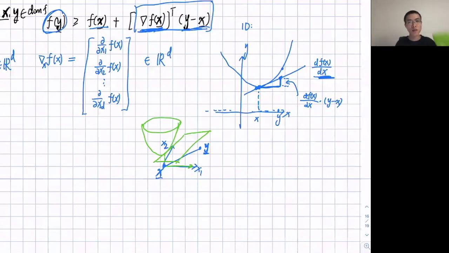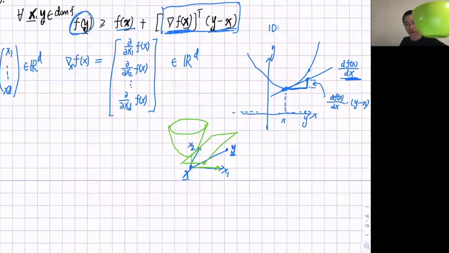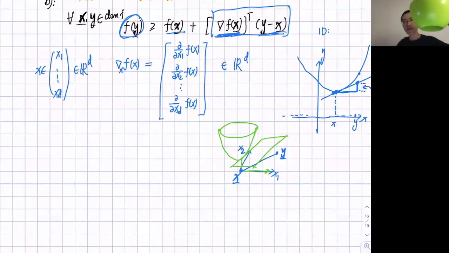Now I'm getting a salad bowl and also it's green, it's nice. So now this is my space and this is the tangent plane at this point. How much f of y changes from f of x is how much you would change in the first dimension plus how much you will change in the second dimension. So that's why it's the inner product, right?